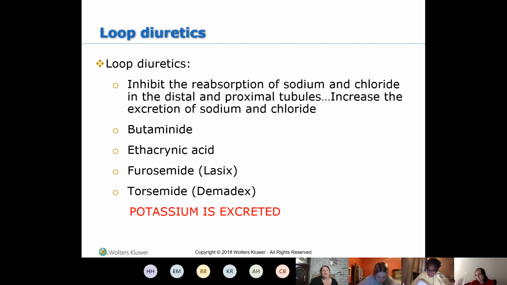Before we move on, I want y'all to type this in the chat bar and communicate with me. Based on what I just told you, for a patient on loop diuretics, what are we monitoring in their labs? You can say it out loud if you want, or you can type it in the chat bar.